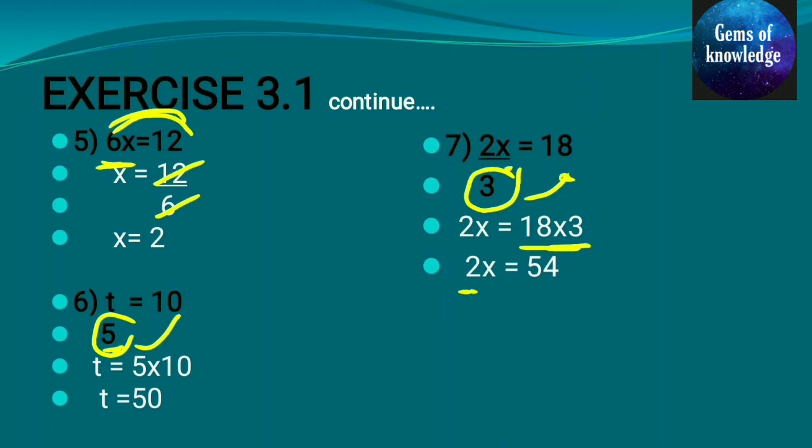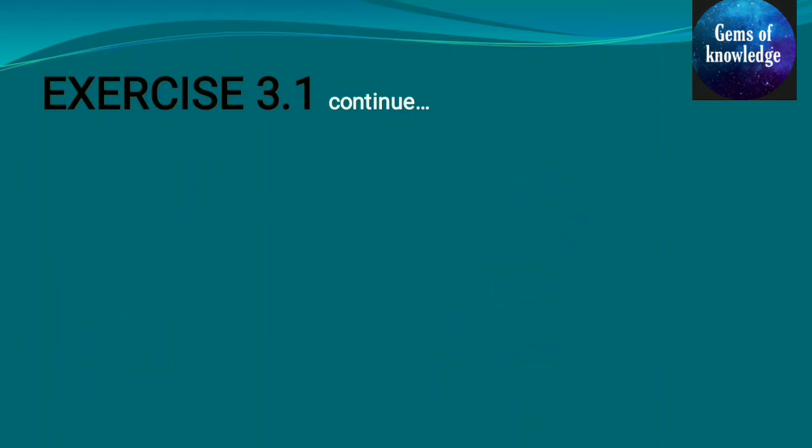When we bring this 2 to this side, it will automatically become divided by, so x is equal to 54 by 2. When we cancel, 2 ones are, and we will get the answer x is equal to 27. So 2 twenty-sevens are 54. This is the answer for the seventh question.